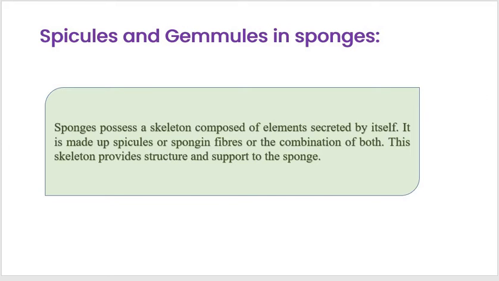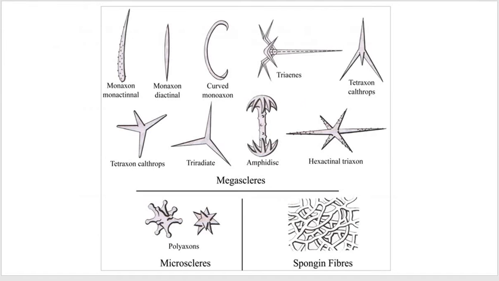Now there are different types of spicules, and here is the diagram of spongin fiber. The types are monoaxon spicules, diaxon, triaxon, tetraxon, then pentaxon, depending on the number of axes present.